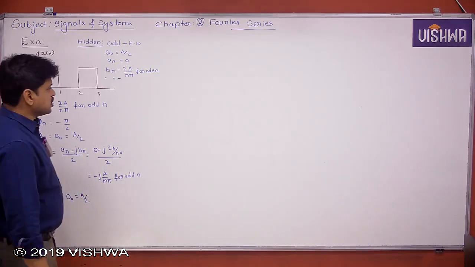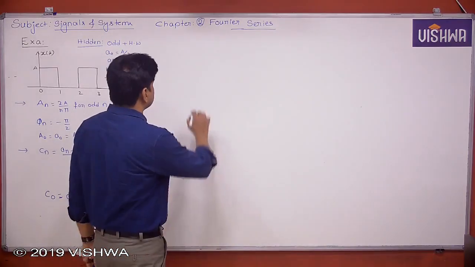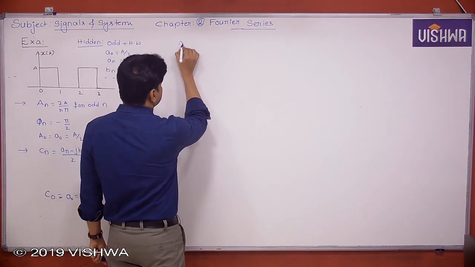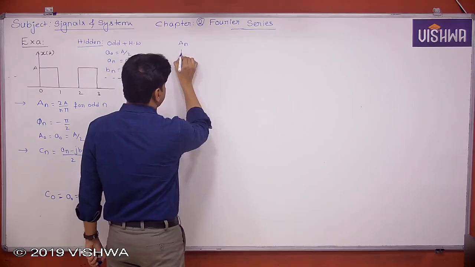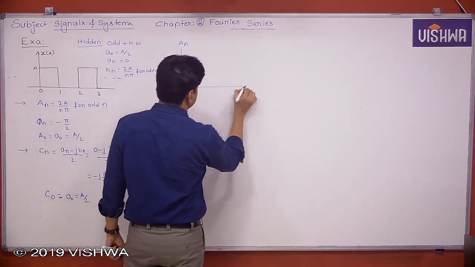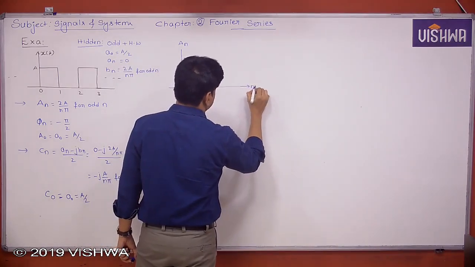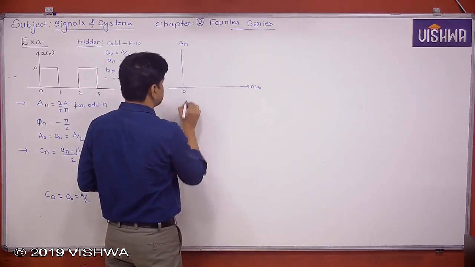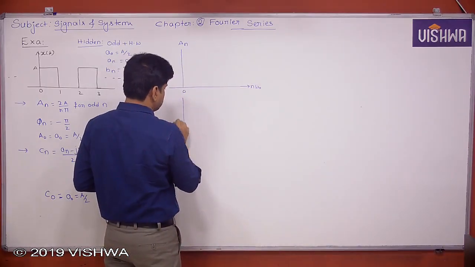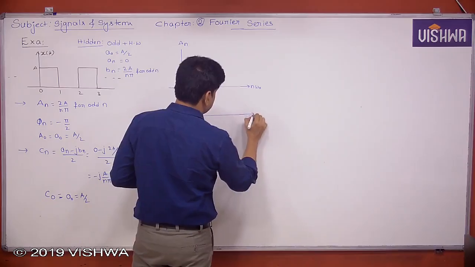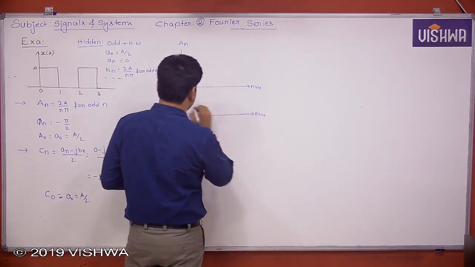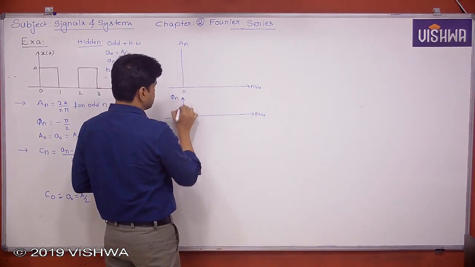So for this, if I draw the spectrum, polar form An versus n omega naught. Next, phi n versus n omega naught.